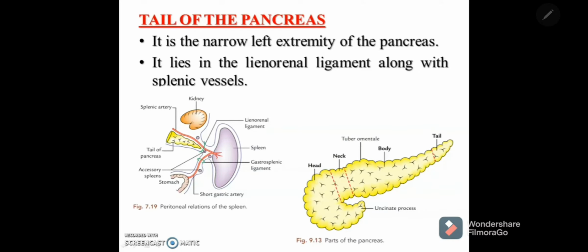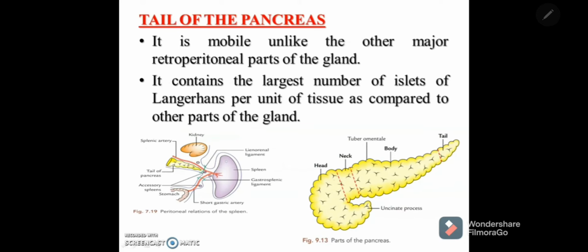Coming to the tail of the pancreas, the extreme left end of the pancreas, it is a narrow part, and as we have discussed earlier, it lies in the lienorenal ligament related to the hilum of the spleen, that you can notice here, and it is mobile unlike the other parts of the pancreas, and it is the only peritoneal part of the retroperitoneal pancreas.